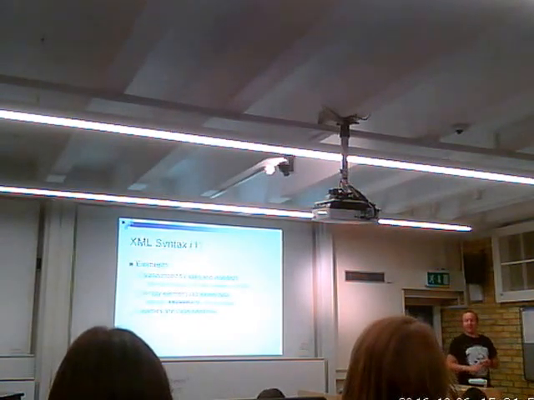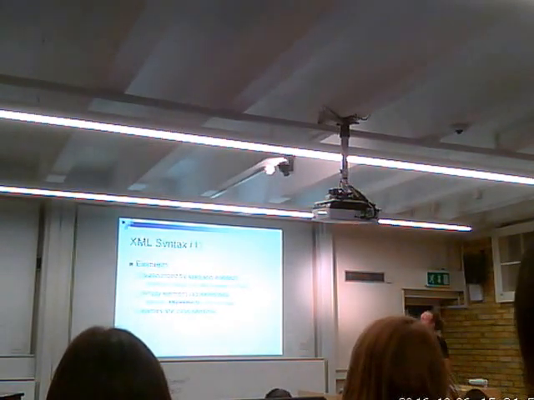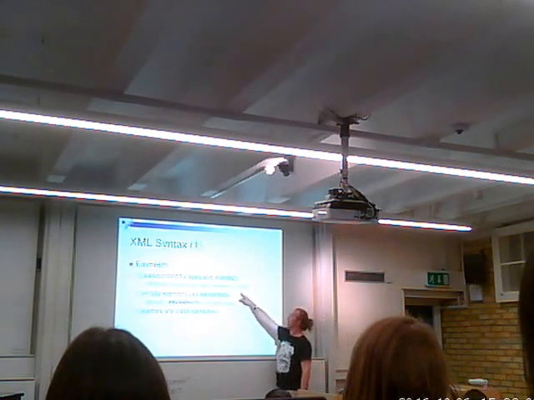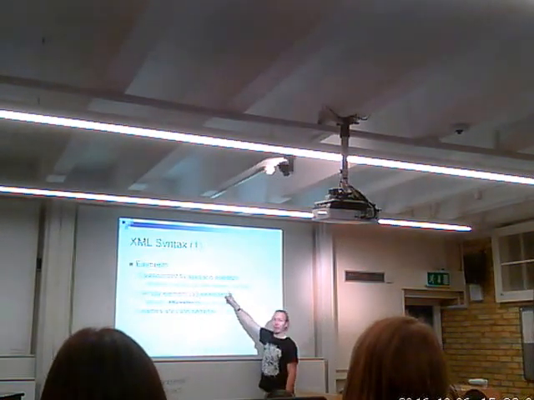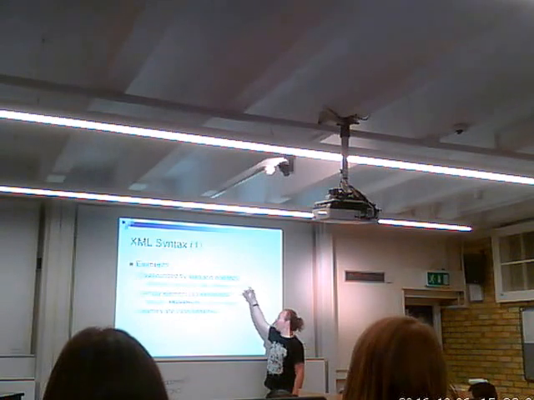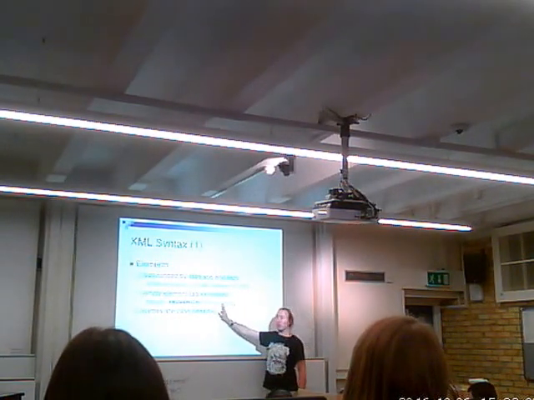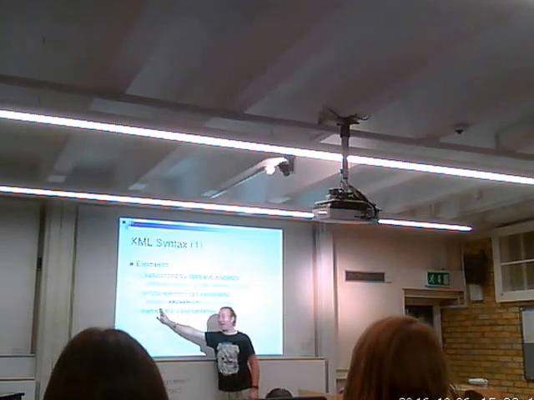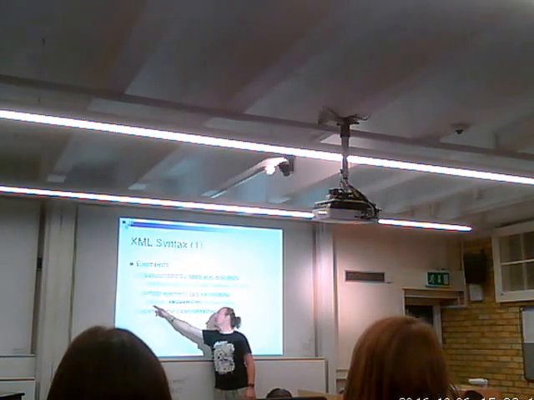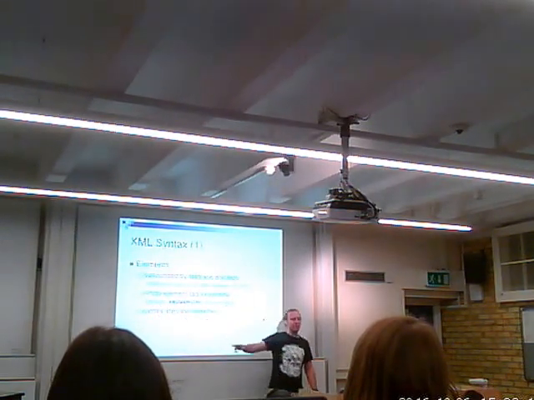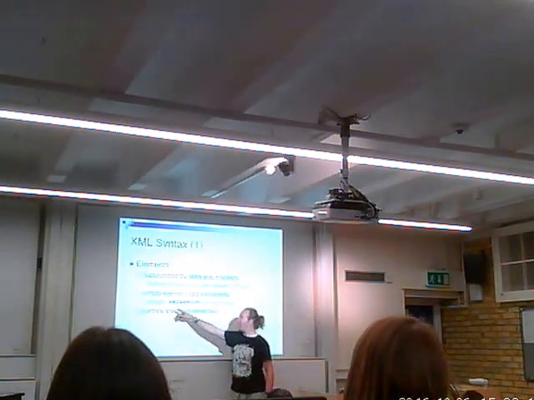Sometimes you have tags that have no data. So if we didn't have this contents of foo element bit of text, we can either represent it as the open and close tag, but you will also see a lot of people using the shorthand, which is open bracket, tag, forward slash, close bracket. So that's a shorthand for this.